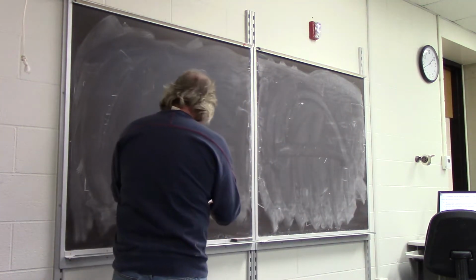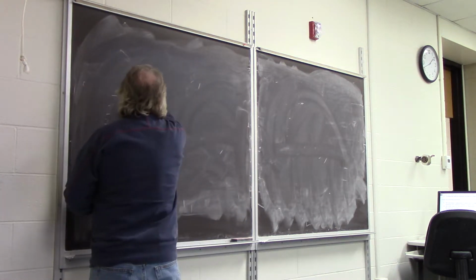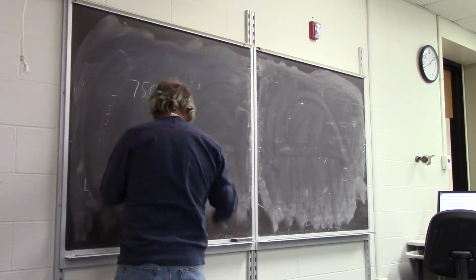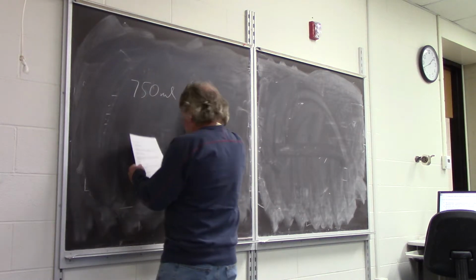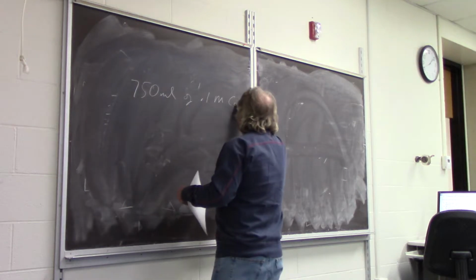How many grams of calcium chloride will be needed to make 750 mils of 0.1 molar calcium chloride?